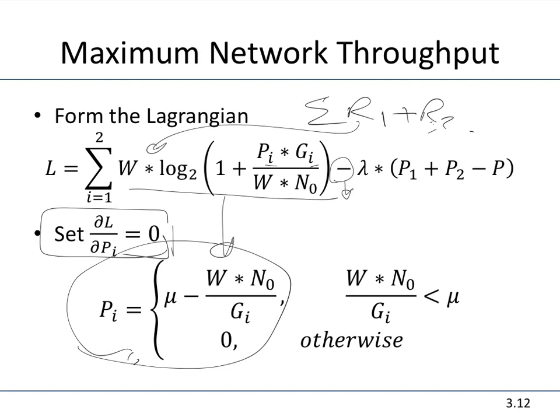So basically, this is what we call water filling. What happens is that the best Pi in that case will be mu, and mu is actually a function of both the channel conditions for both users, minus W times N0 divided by Gi, okay?